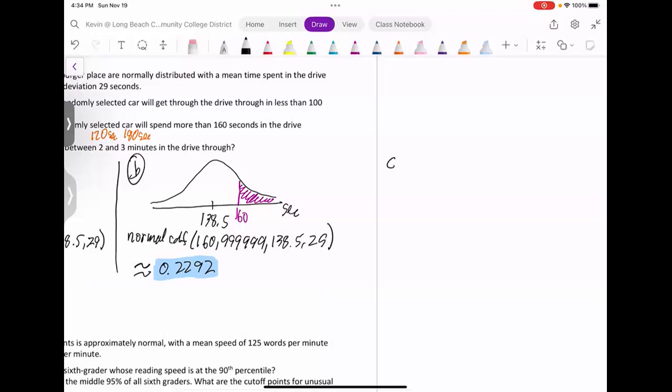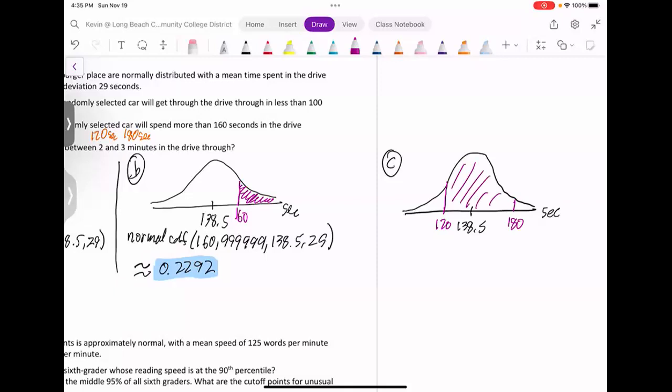So part C. And this is in seconds. Middle's 138.5 seconds. And 120 seconds is over here somewhere. 180 seconds is over here somewhere. So that is what we are looking for.